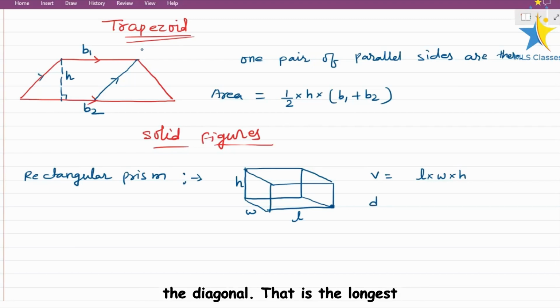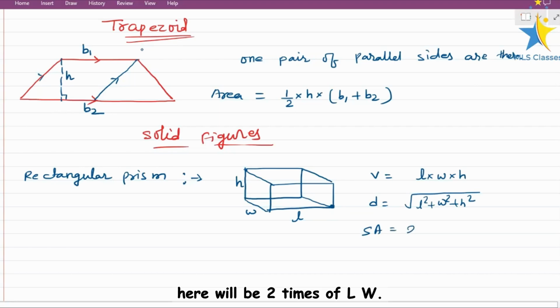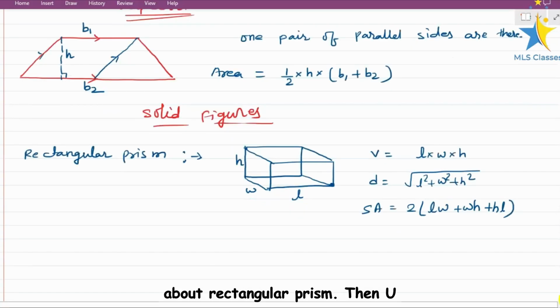That is the longest diagonal, which will be the square root of L square plus W square plus H square. And the surface area here will be 2 times (LW plus WH plus HL). This is about the rectangular prism.